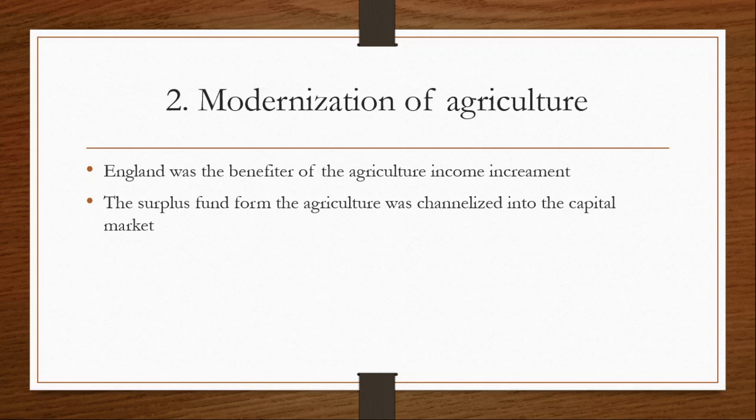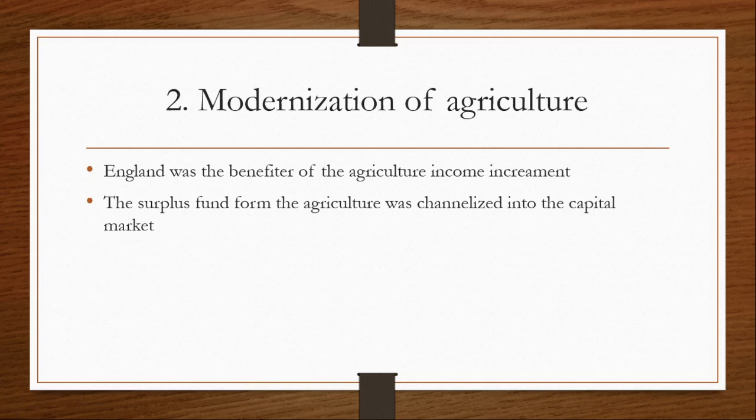When the agriculture sector started developing in England, the earnings from agriculture were diverted into the capital market. People were getting surplus funds and benefits from selling their produce, and the money which they had got from the sold produce was getting diverted into the capital market. And this is how agriculture helped in the development of the capital market.